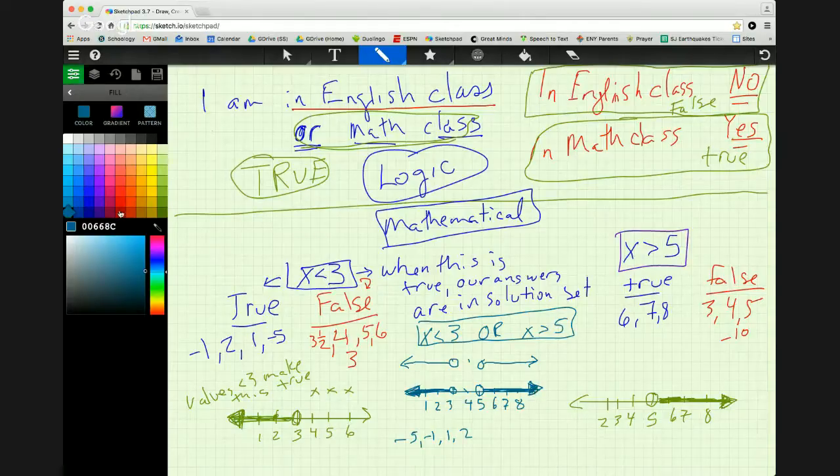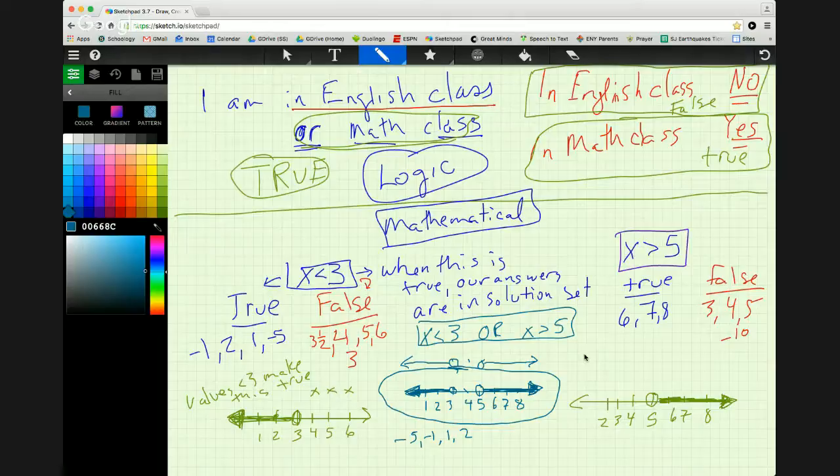So here is our final answer. Anything less than 3 or anything greater than 5 will make this compound statement true. And we did it by analyzing our left side, analyzing our right side, and knowing either side needs to be true.